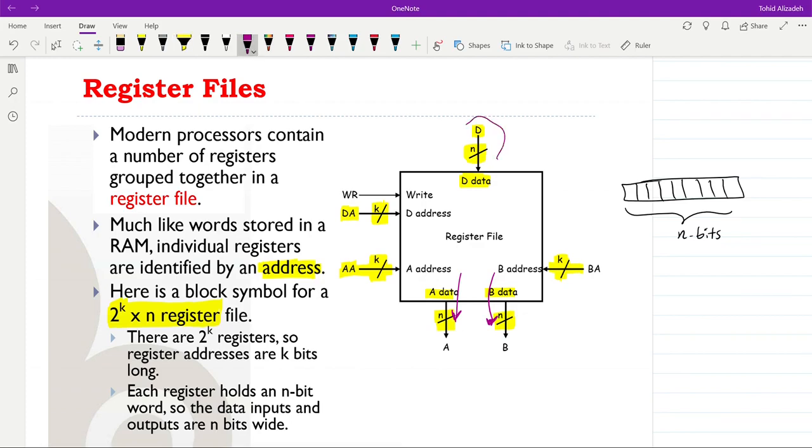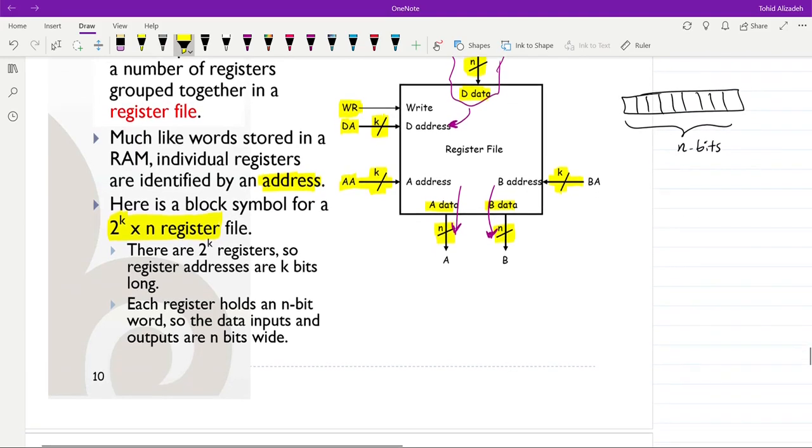So this input data over here will be written into the register which is determined by this D address. And in order to tell the register file that we want to write the new data into a given register, we need to make this write or WR signal equal to 1. If we make it 1, it means that the data will be written. If it's equal to 0, it means that the content of the registers inside the register file is not going to change.